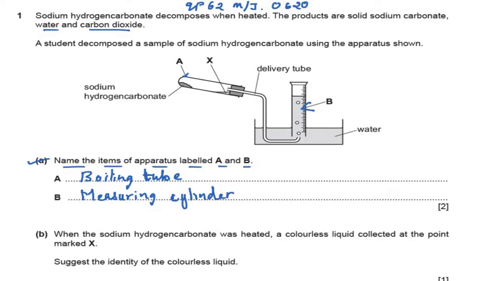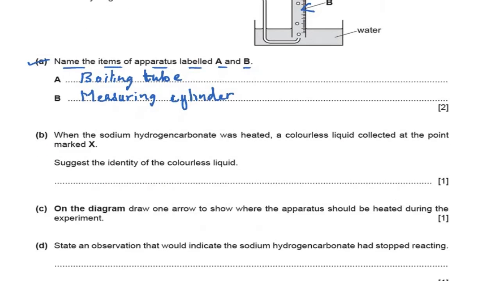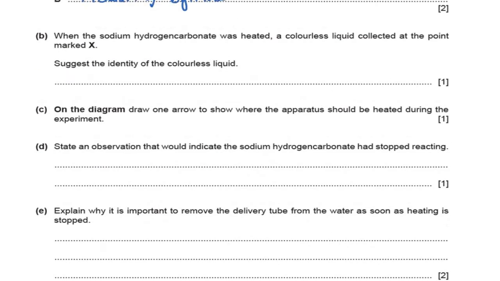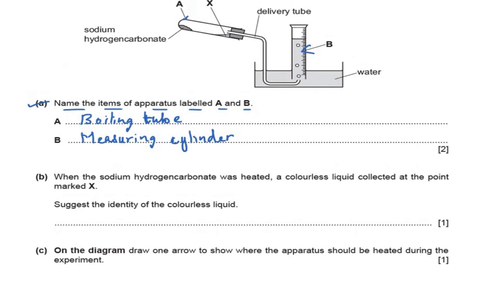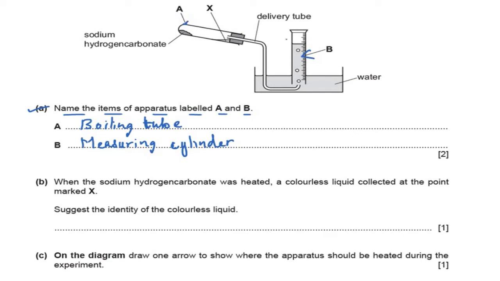Let's go ahead with the question B part of the same question. It says that when sodium hydrogen carbonate was heated, a colorless liquid collected at the point marked X and suggest the identity of the colorless liquid. Now let's have a look at the apparatus again. It shows that the X is labeled here and there is a colorless liquid here.